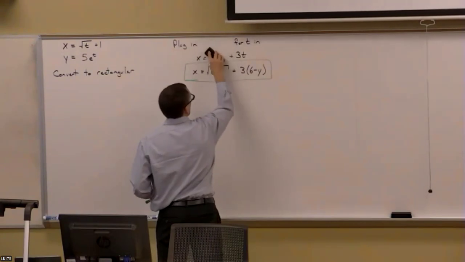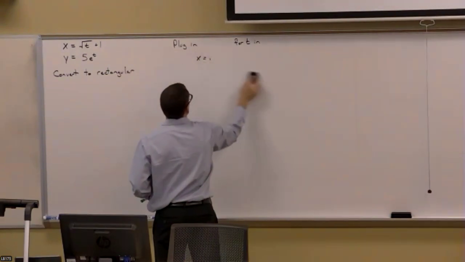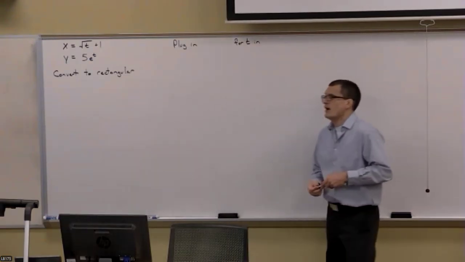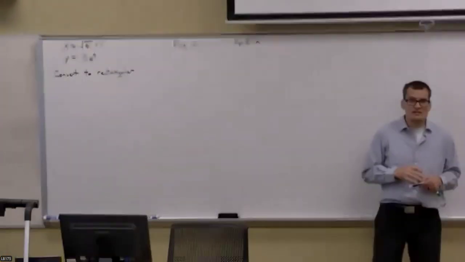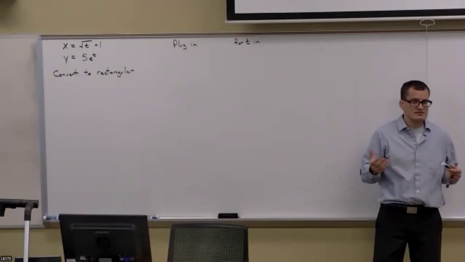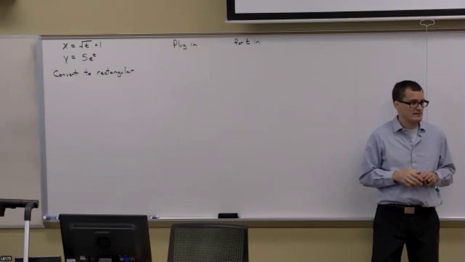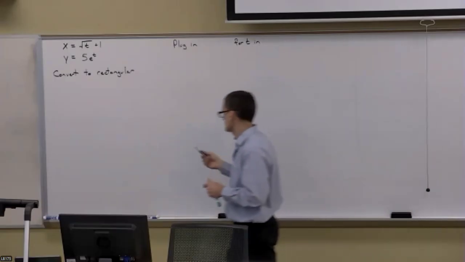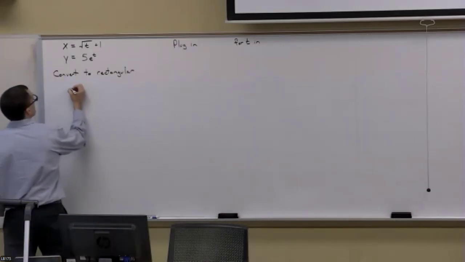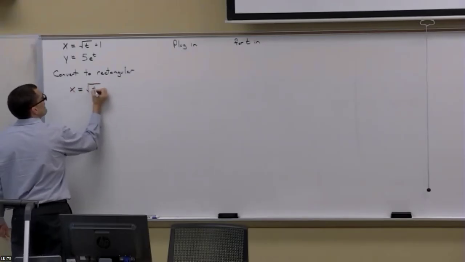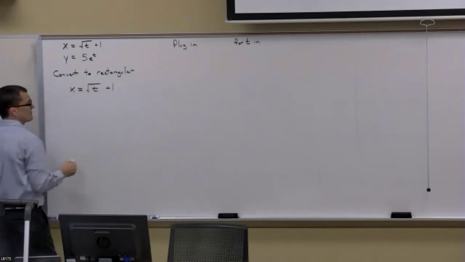So we want to convert that into a rectangular equation. On this one, both aren't real easy to solve for, but we can solve with not that much difficulty. I would probably choose the x equation to solve for t. That'd be a little bit easier.